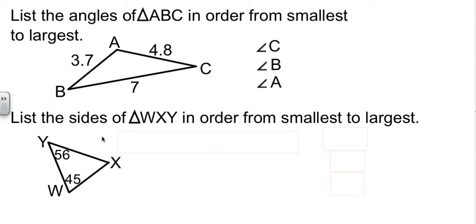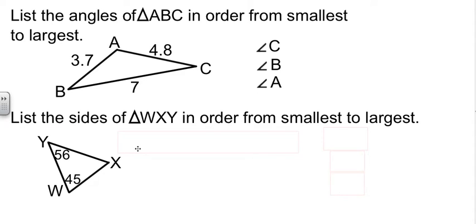Okay. Now we can also go the other way. They want us to put the sides in order from smallest to largest. Well, the objective then is to figure out which angle is the smallest. Well, before we can figure out which angle is the smallest, we need to know how big angle X is.